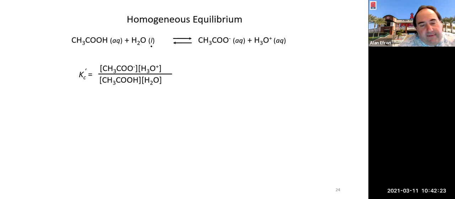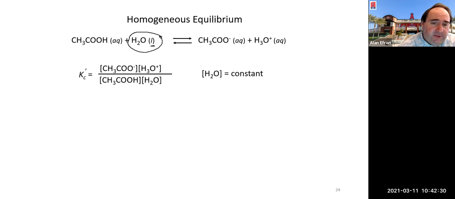One thing is pure liquids, like water. If we have water in there, its concentration is going to remain relatively constant, which means we do not actually include it in the equilibrium expression.